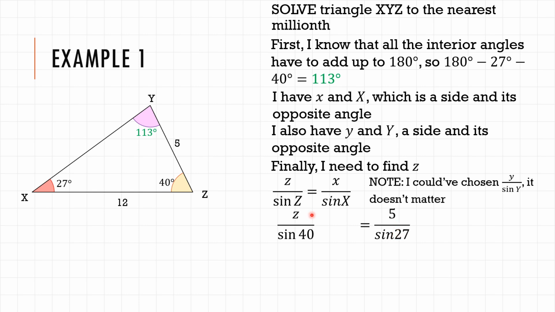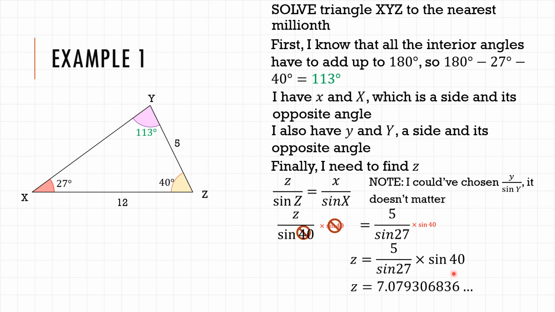Now, how do I get z all by itself? All I have to do is multiply both sides by sine 40. That will cancel it out on this side, and when I multiply it by it on the other side, I end up with z equals 5 over sine 27 times sine 40. If you put all of this into your scientific calculator, you should get about 7.09306836.